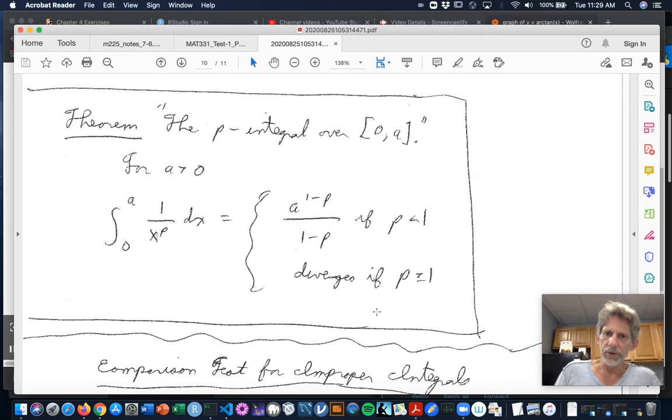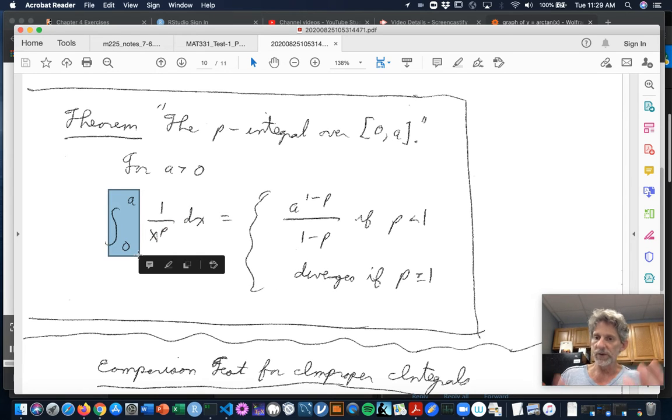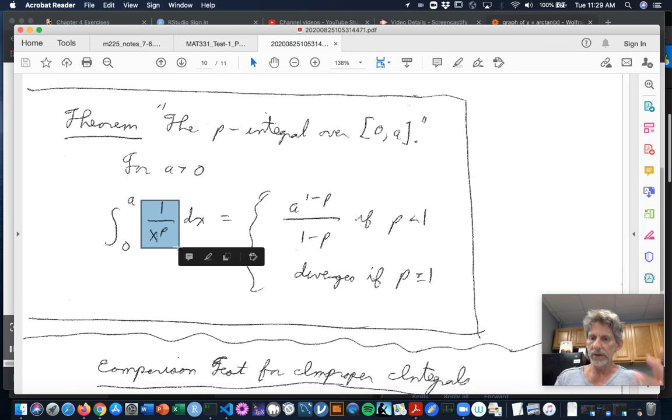There's another general theorem related to this situation. This idea of 1 over x to a power going from 0 to some positive number. The impropriety here is at 0 because this is going to approach undefined as x gets closer to 0.